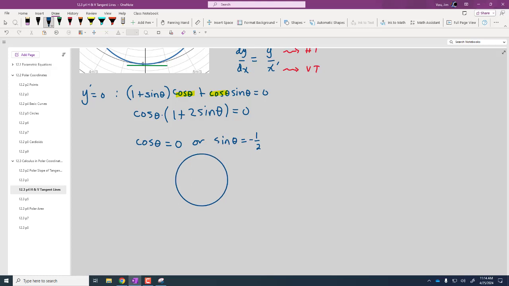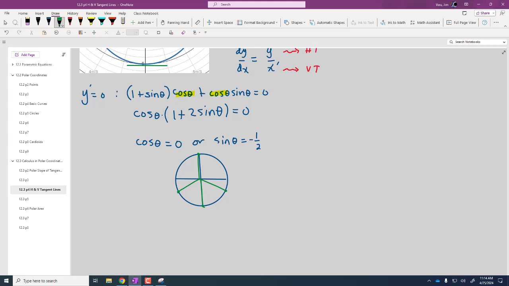We go to our unit circle. Anytime we have a basic trig equation, you should be going to the unit circle. So sine of theta is negative 1/2. If we look at the 12-sector circle, that's where sine is negative half. Cosine is 0. It's right there and right there.